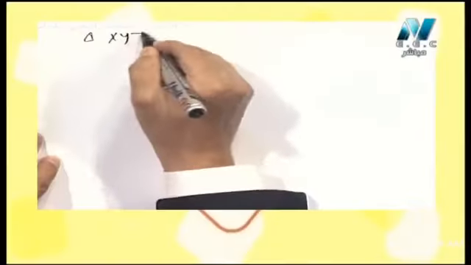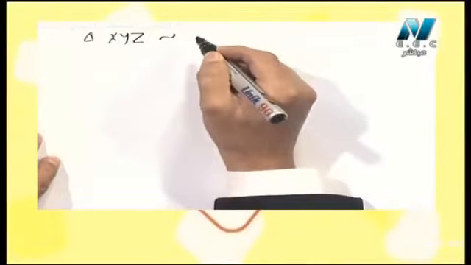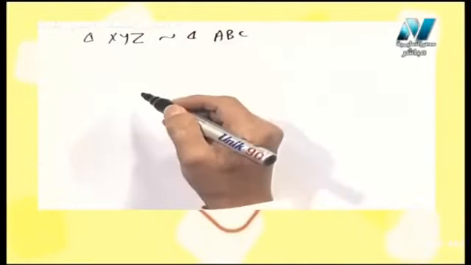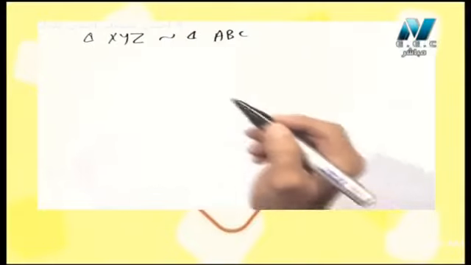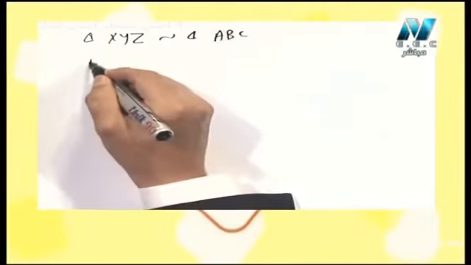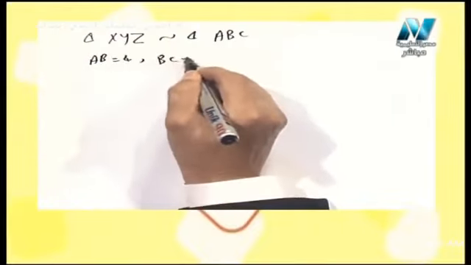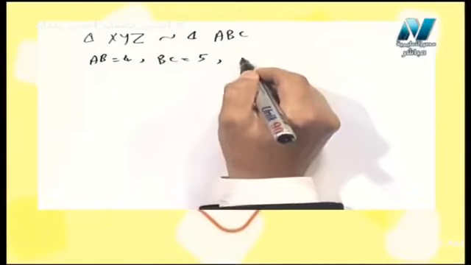I know that similarity now is very easy for you, my dear students. Let's move directly to the following example. If we have two triangles, triangle XYZ is similar to triangle ABC, and AB equals 4, BC equals 5, and AC equals 8.